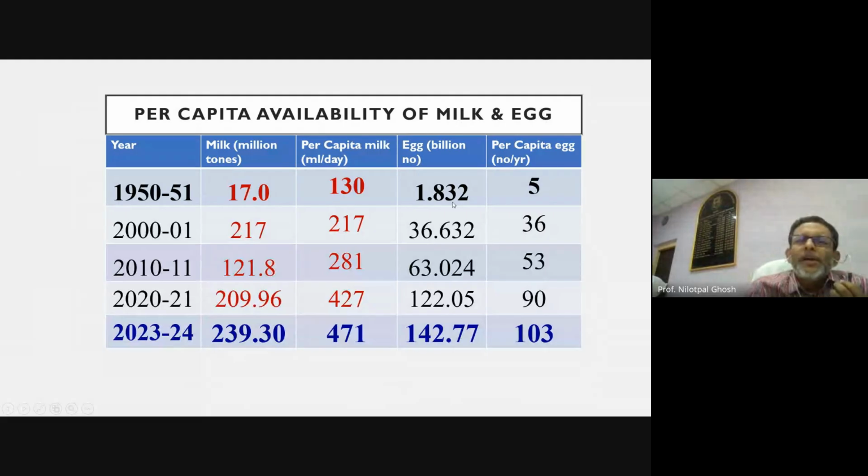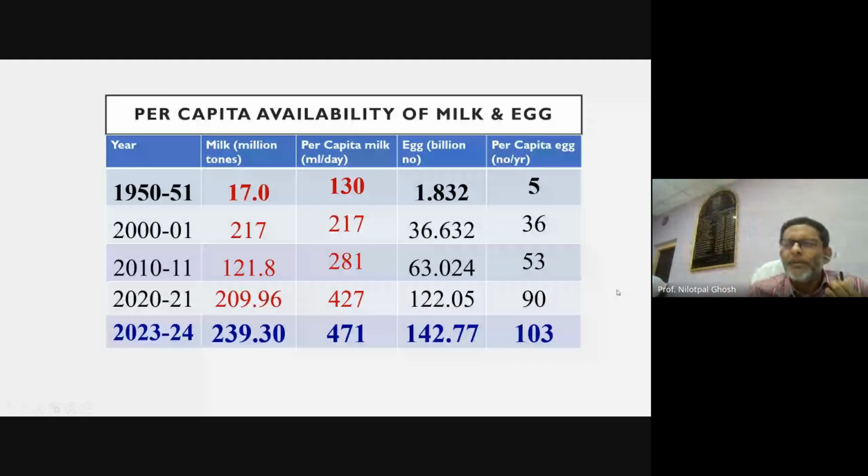And in case of egg, you see, in the year 50-51, the egg production was 1.8 billion numbers. And now the number enhanced to 142 billion numbers. Huge number.